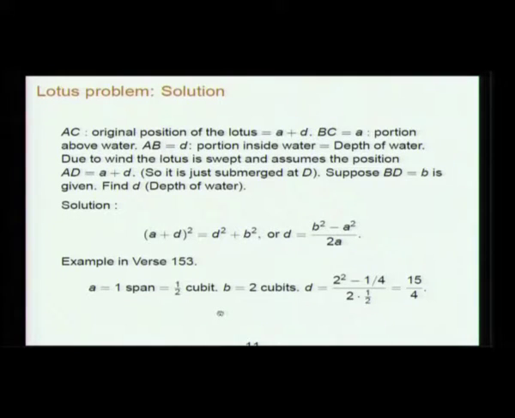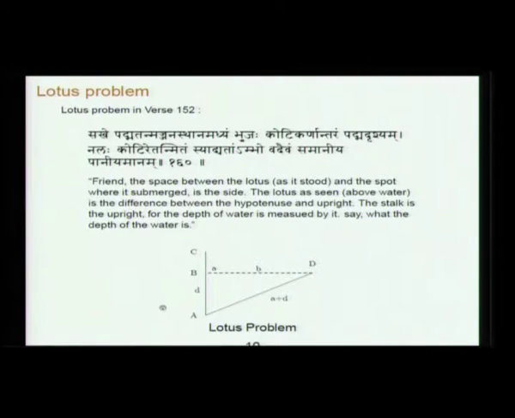So essentially, you have (a + d) whole squared is equal to d squared plus b squared.